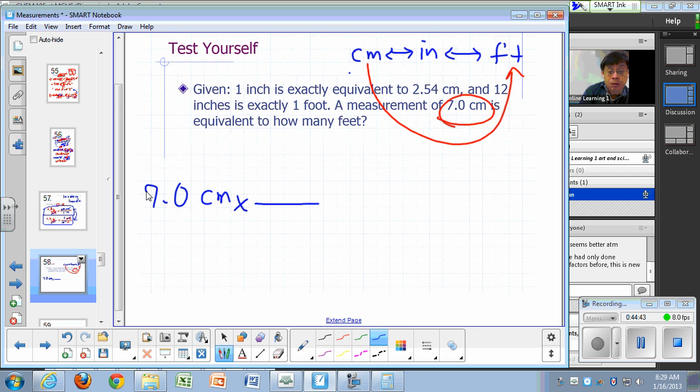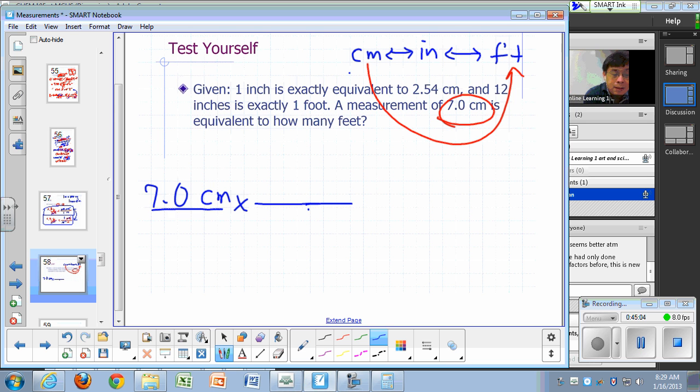Change it first to inches. So what unit goes on top here and what unit goes at the bottom? I want to cancel centimeters, right?